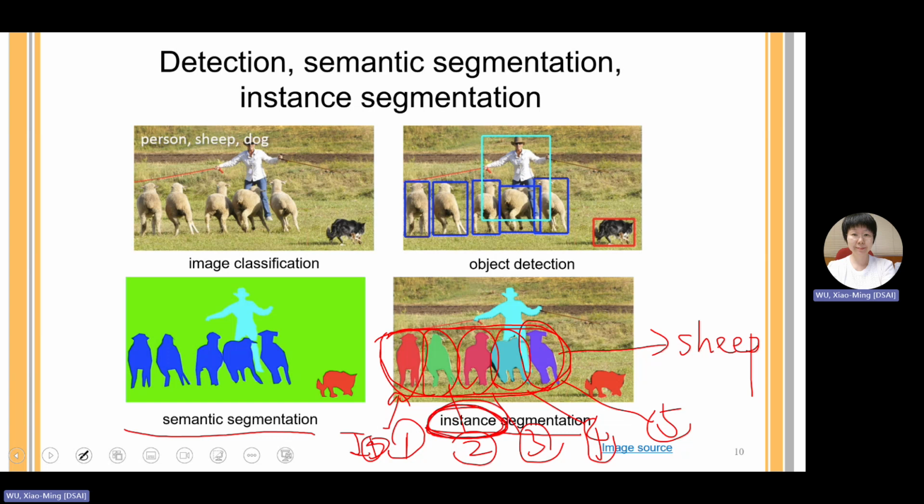Okay, instance segmentation requires the differentiation between individual objects. For the detection task, it involves the placement of bounding boxes. And as you can see, the bounding boxes come with different colors, indicating the categories of the corresponding objects.